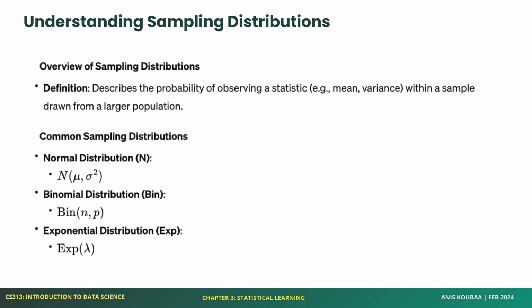Okay, so of course we have different types of sampling distribution. It can be normal or binomial and exponential. So sometimes when the model is parametric, we can try to assume that, for example, the marginal distribution or the joint distribution follows a certain distribution, like normal or binomial or exponential.